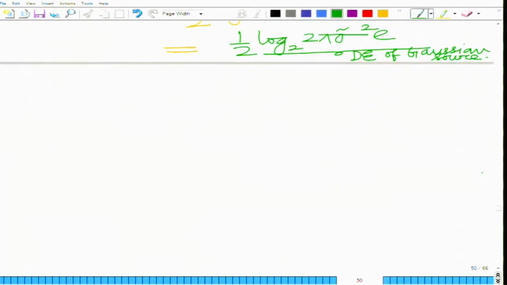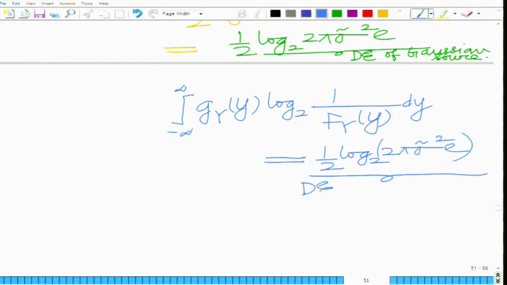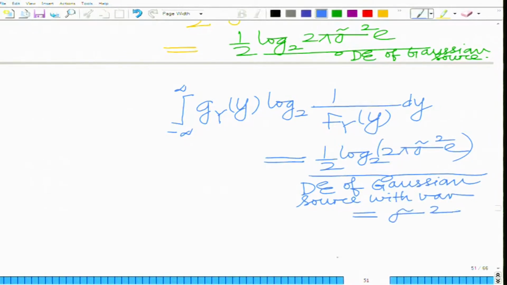So, what we have shown is basically the integral from minus infinity to infinity of g_Y(y) log to the base 2 of 1 over f_Y(y) dy, equal to half log to the base 2 of 2 pi sigma tilde square e, which is nothing but the differential entropy of a Gaussian source with variance equal to sigma tilde square.